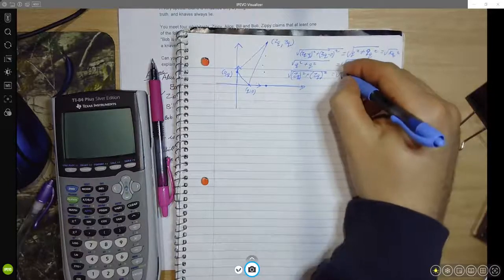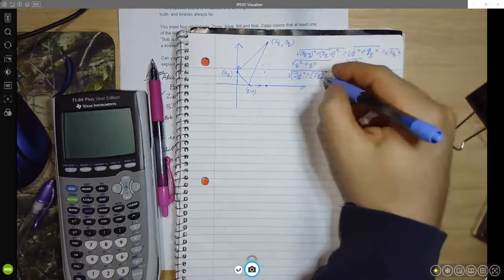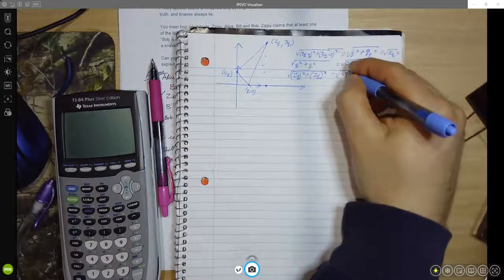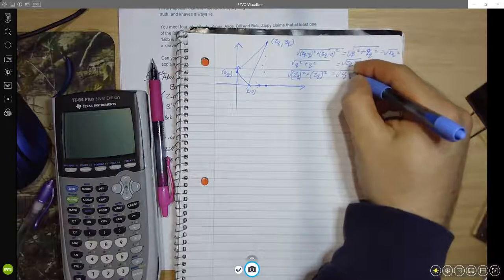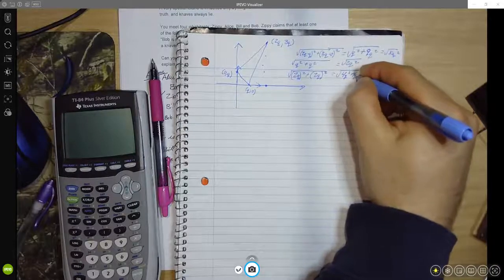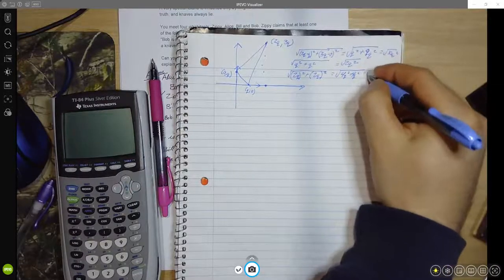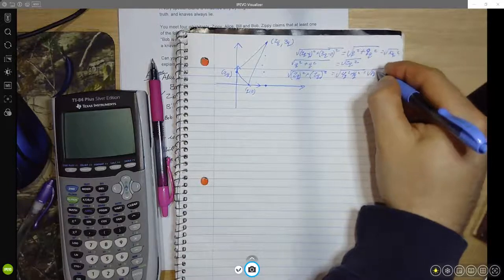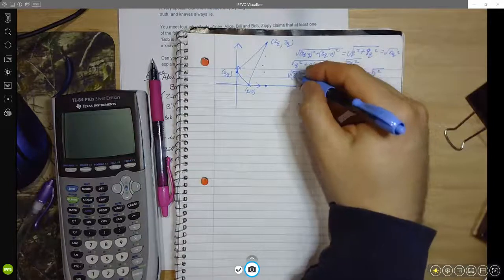That's going to be 4q squared plus 4q squared equals 8q squared. Because this squared got to go on both.